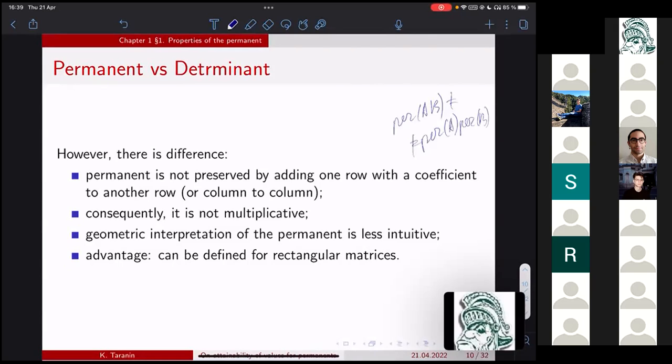Another not really pleasant thing about the permanent is that its geometric interpretation is much less intuitive. But one of the advantages is that it can be defined for rectangular matrices.